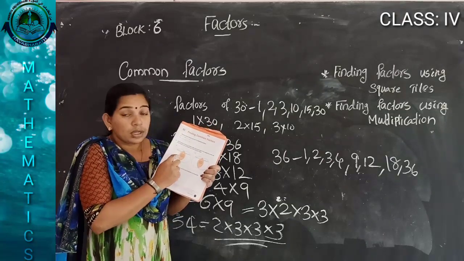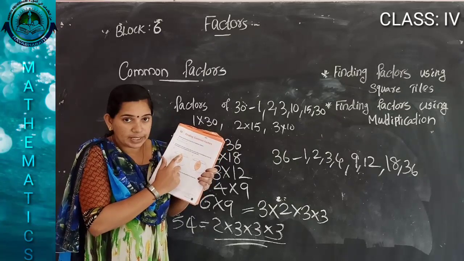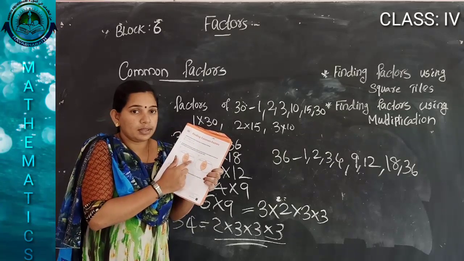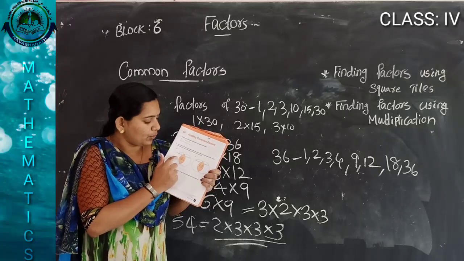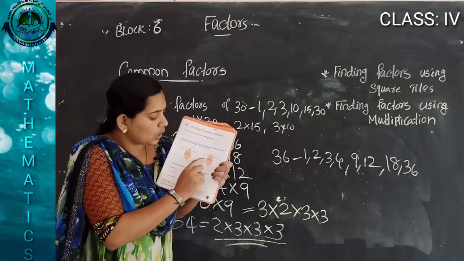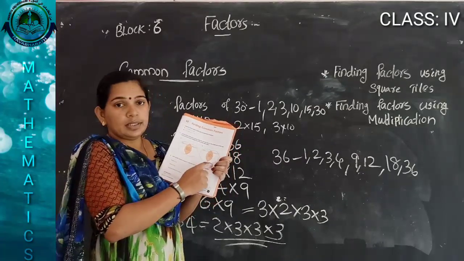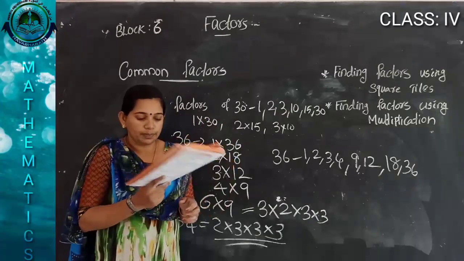Which are the common factors, those numbers you write in the shaded place. The remaining factors of 18 you write here. The remaining factors of 54 you write here. Same way here, 12 and 72. Common factors you write here. Remaining factors you write in both unshaded places.